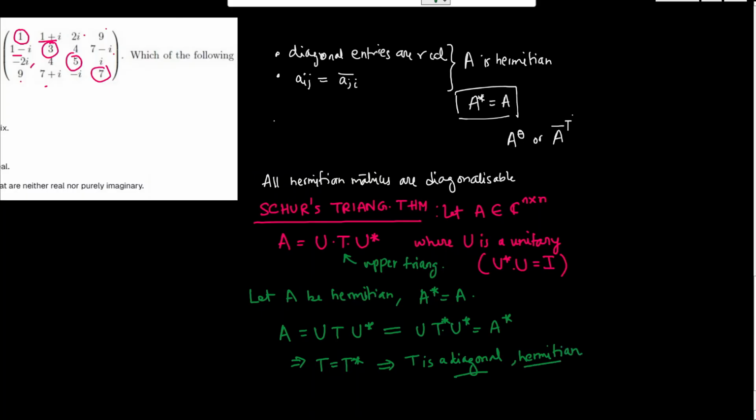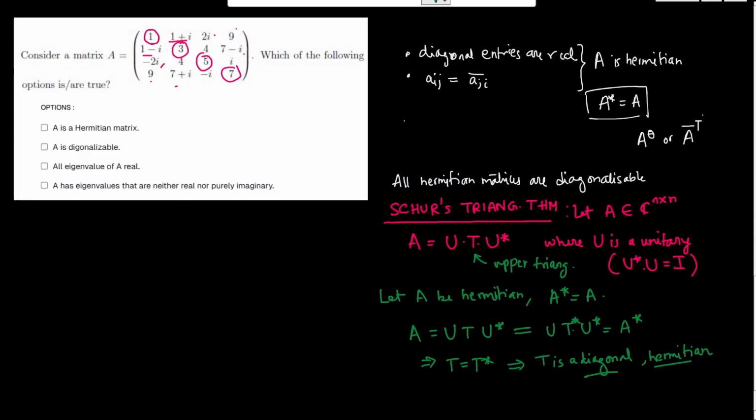Okay. So since T is a diagonal matrix, we can say that A is diagonalizable, right? So essentially A is Hermitian and A is also diagonalizable. Now what can we say about the eigenvalues of the Hermitian matrix, right? What can we say about the eigenvalues of any Hermitian matrix?